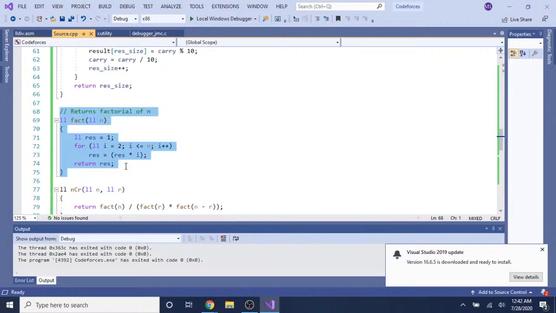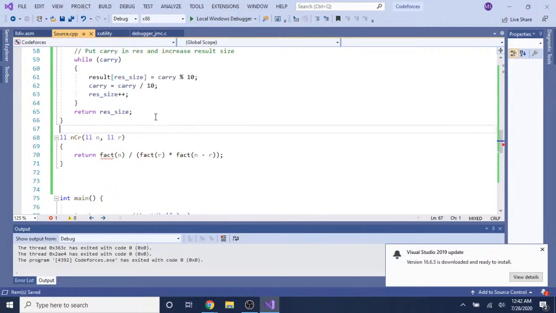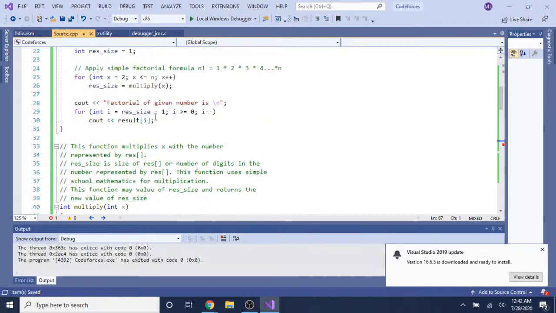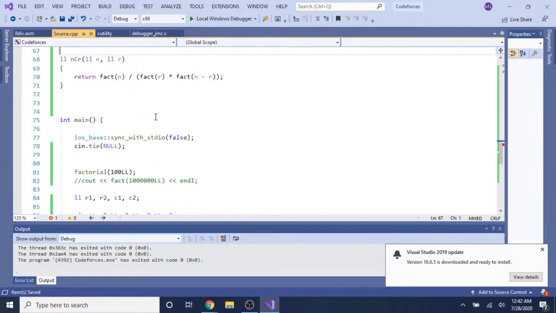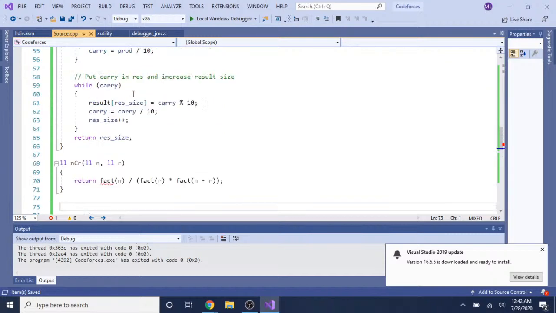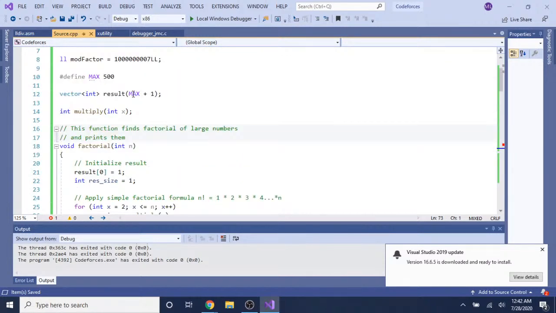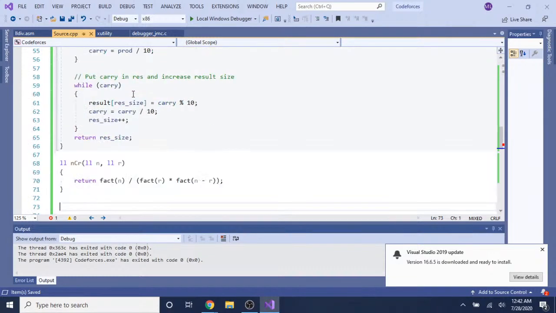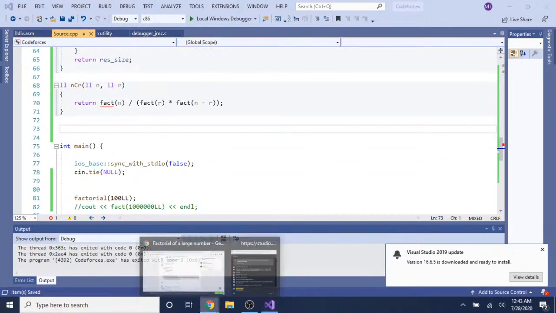Unless we calculate for every single value, but that's not a good idea. Also, how are we going to divide the factorials? Factorial n over factorial r times factorial n minus r. Yeah, this is pretty hard.